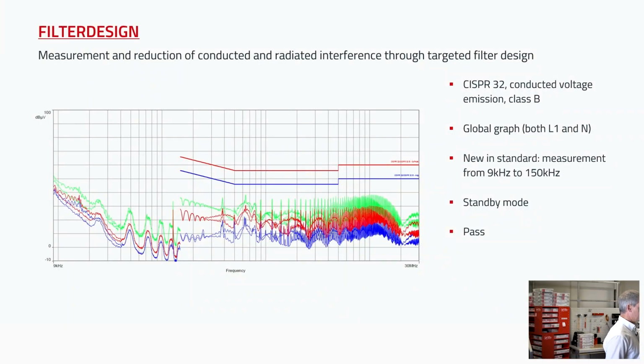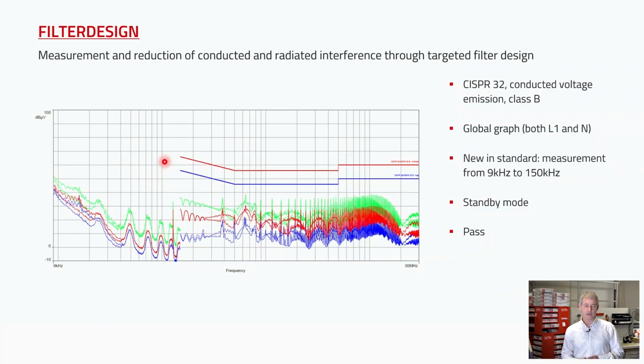Okay, I close the door to have more space. Now I will show you the results of the conducted measurement. And as you can see here, it's an empty measurement. We have relatively little noise from 150 kilohertz up to 30 megahertz. And what you can also see is that we start the measurement at 9 kilohertz to 150 kilohertz.